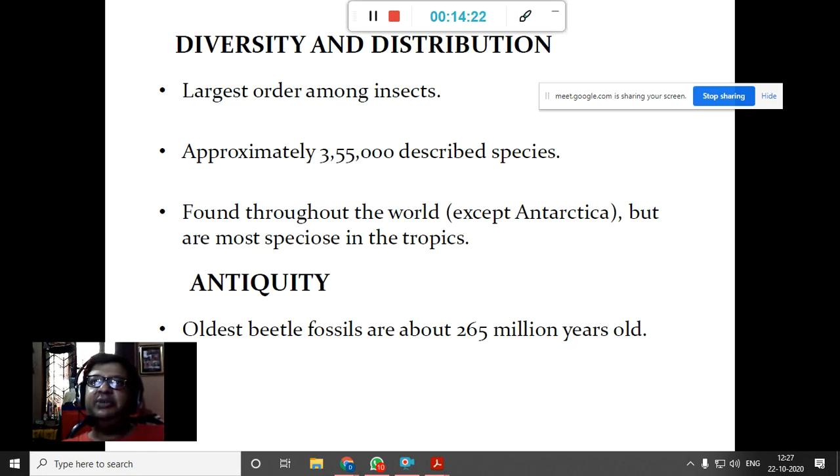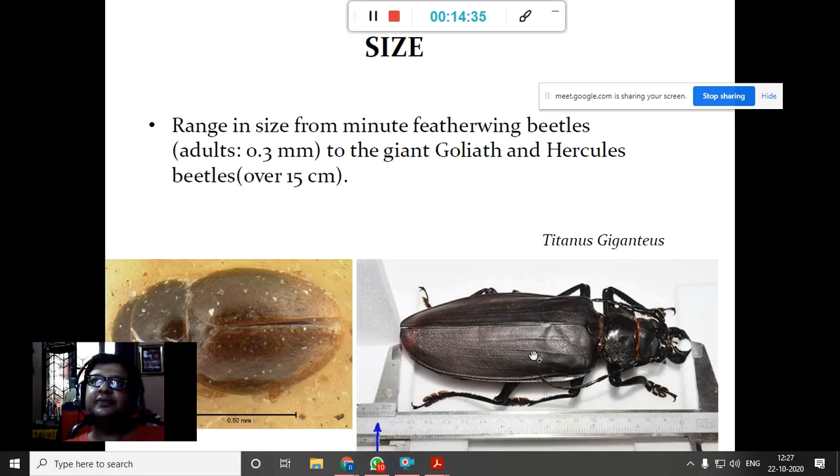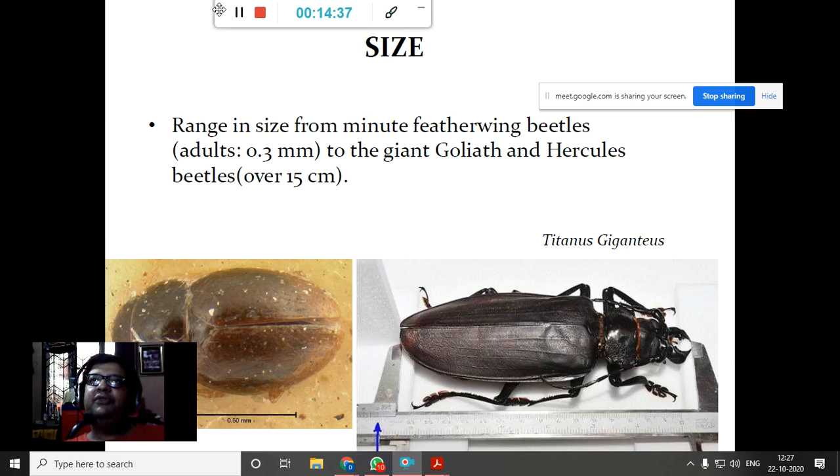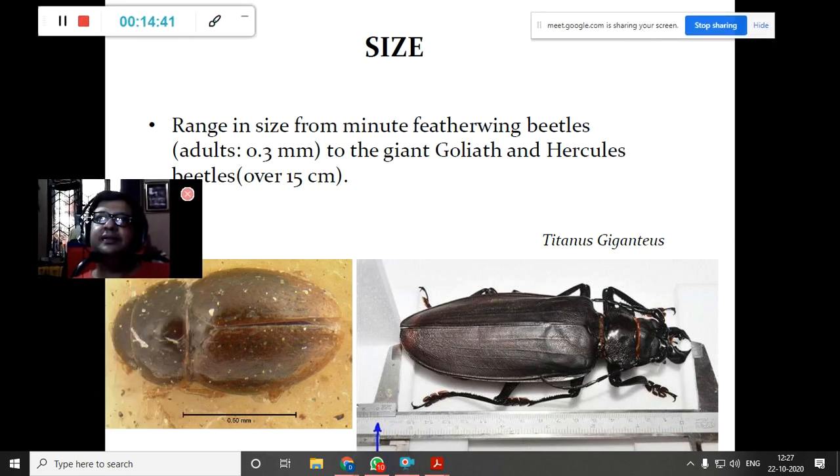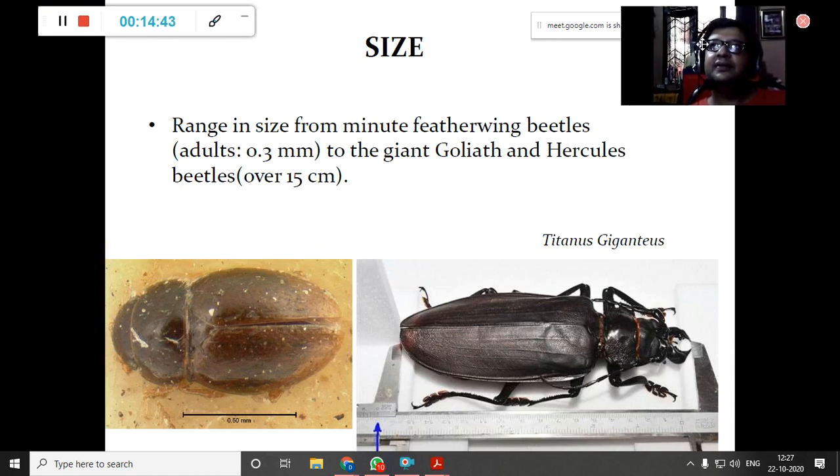And antiquity, the ancient story: the oldest beetle fossils are about 265 million years old. Now if you look at the size of the beetle, basically the adults are around 0.3 millimeter.